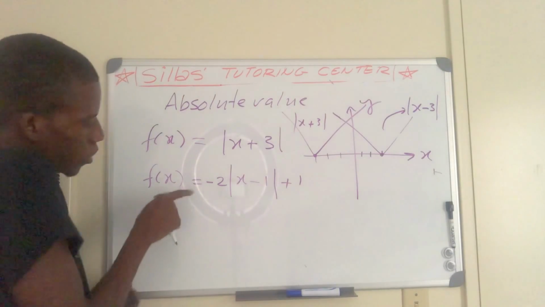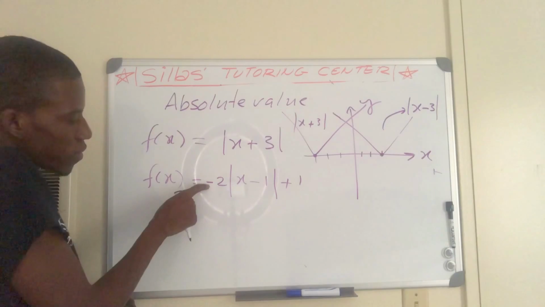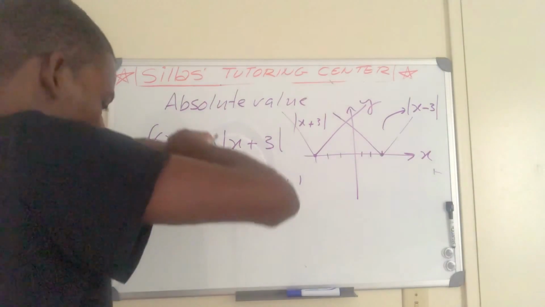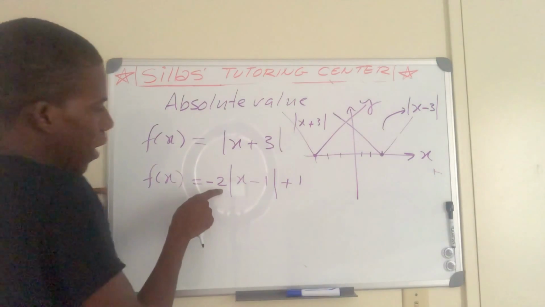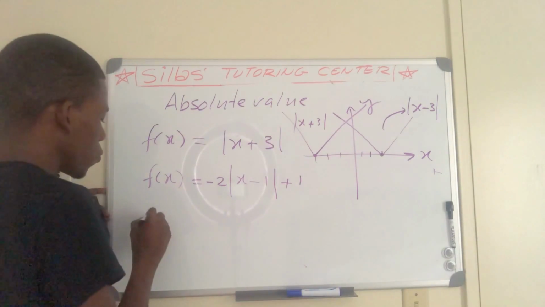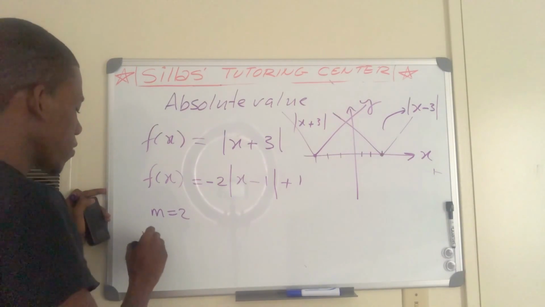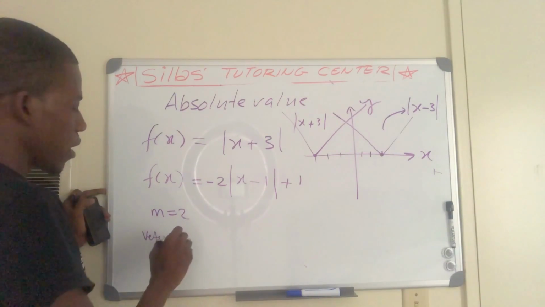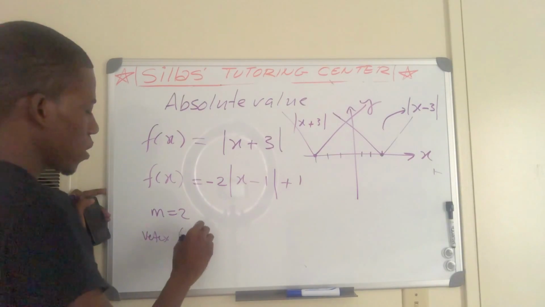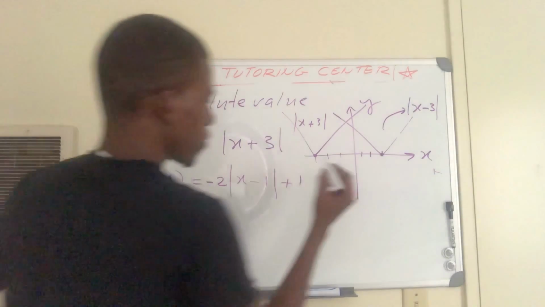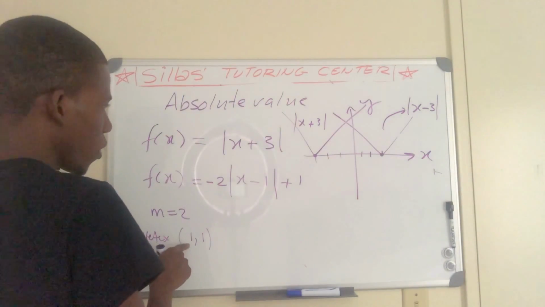Because of this negative sign in front of the 2, my function is going to face downward. So I have 2 as slope, m equal to 2, and my vertex is hk, which is 1 and 1. I know my function is going down, so I go 1, 1.